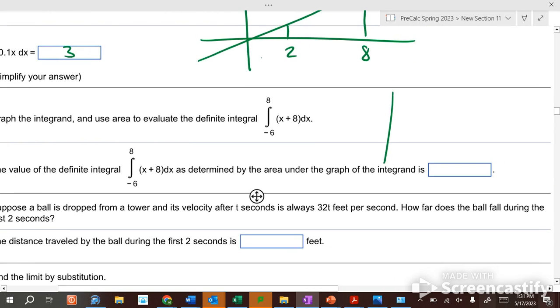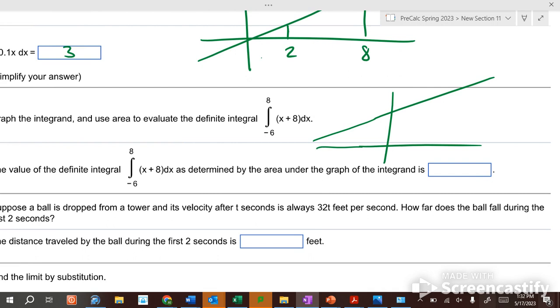Okay, this one, x plus 8 goes up like that. Ooh, we're going from -6 to 8. It's a trapezoid, so we take 1/2 the height. The height is the distance between these two numbers.